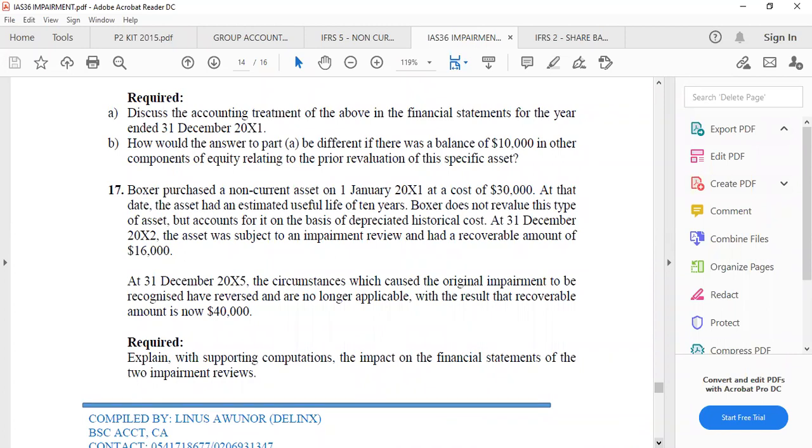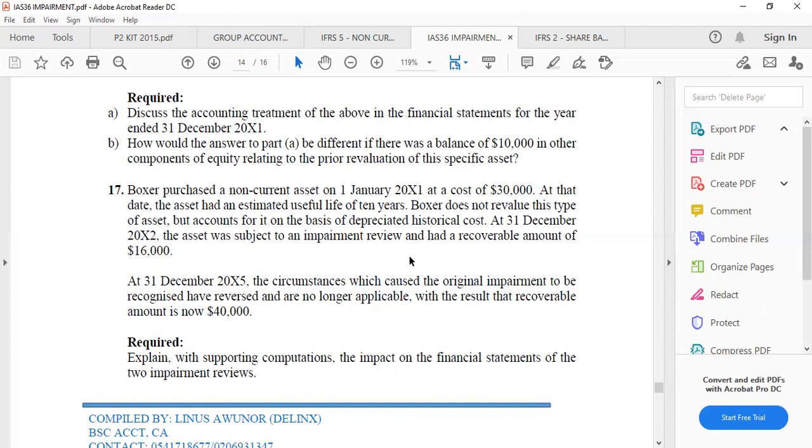When are we doing the impairment? 31st December 2002, when the asset was subject to impairment review. That is how many years? 2 years.